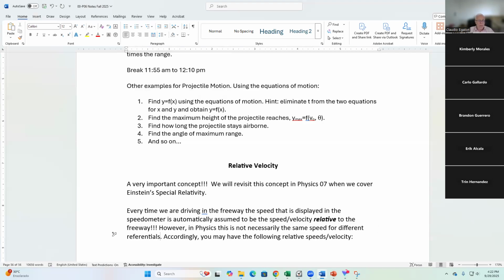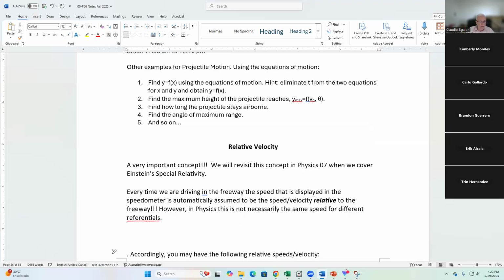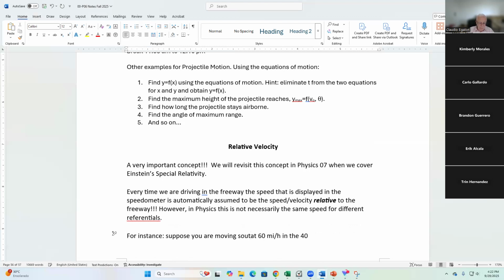For instance, suppose you are moving at 60 miles per hour on the freeway, the 405 freeway, moving south at 60 miles per hour on the 405 freeway.